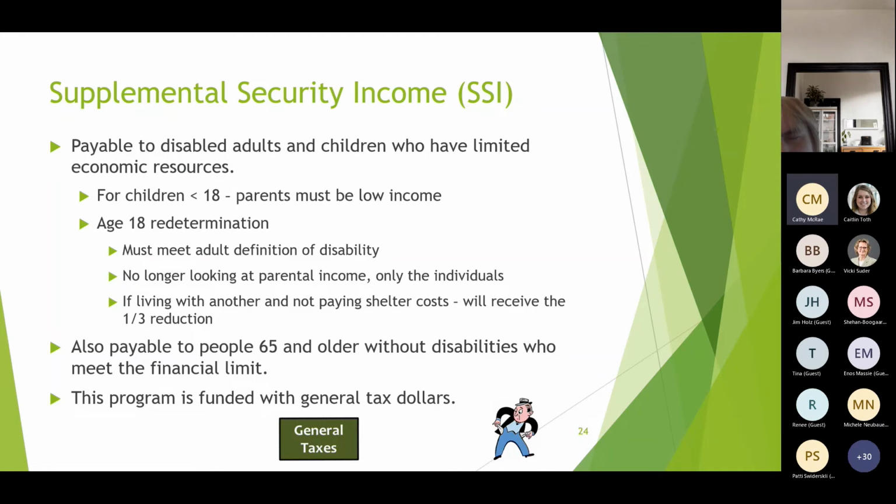They're only going to be looking at that individual's income. And then again, if you're living with another person and you're not paying the shelter costs, you're going to receive the 1/3 reduction. And SSI is also payable, as I said, to folks over the age of 65 who are low income, regardless of whether or not they have a disability. This is a program that's funded with general tax dollars, as opposed to that insurance that's pulled out of your paycheck under FICA. Next slide, please.